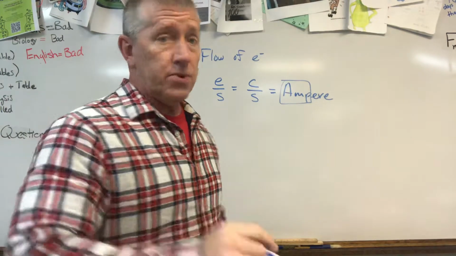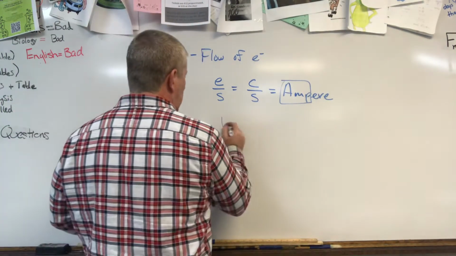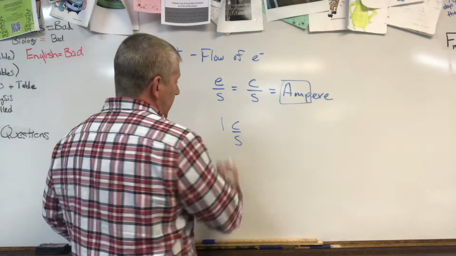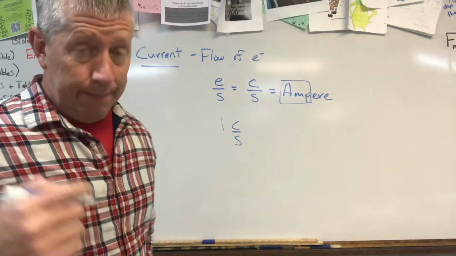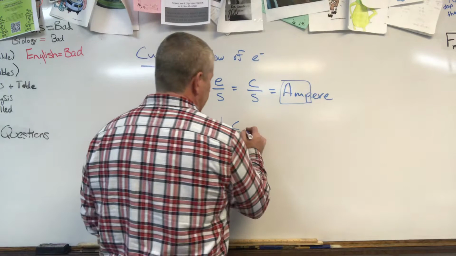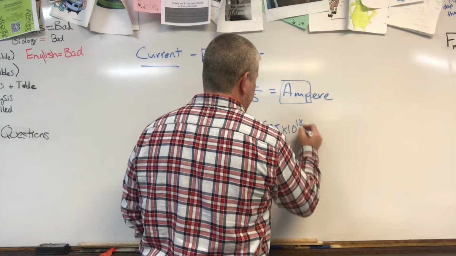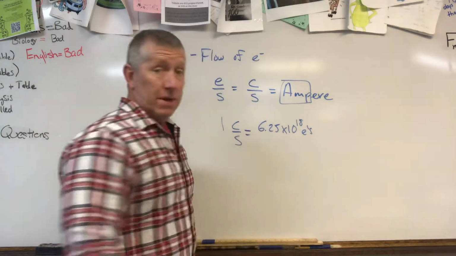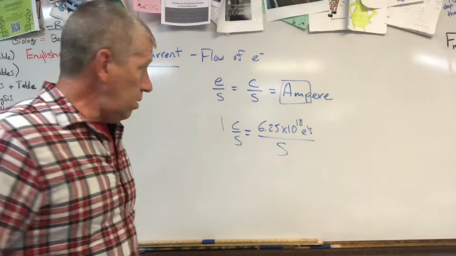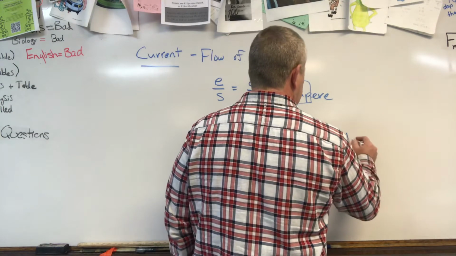So if it was 1 coulomb per second flowing along, and by the way, a coulomb is a butt-ton of electrons, 6.25 times 10 to the 18th electrons. That's a lot of electrons per second. That would be 1 coulomb of electrons per second, and that would equal 1 amp.